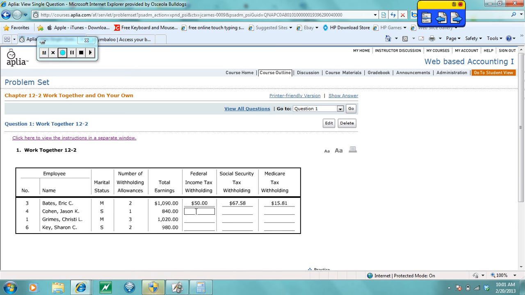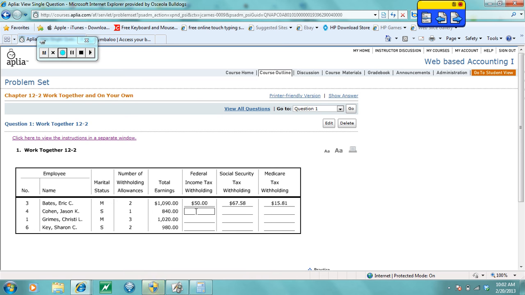Okay, going to your chart. He's single. He has 1 allowance. He's only made $840. Look at this. Here we go. He has made $840. Do we use the top one that has the $840 that says but less than? No, because he's made $840. So you have to go down to where the first column reads $840 but less than $860.